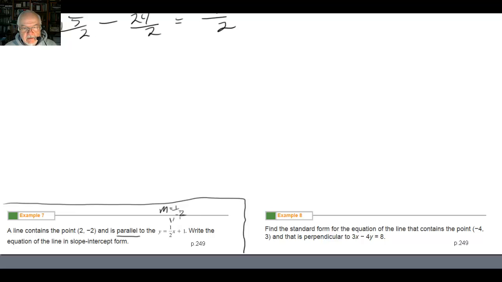Now that I know the slope and I know x1, y1, I just plug that into my point-slope formula and I'm done. That's on page 249. This one is, I think, exactly like the one we just did. If you can do both of these, you'll do well in this course.